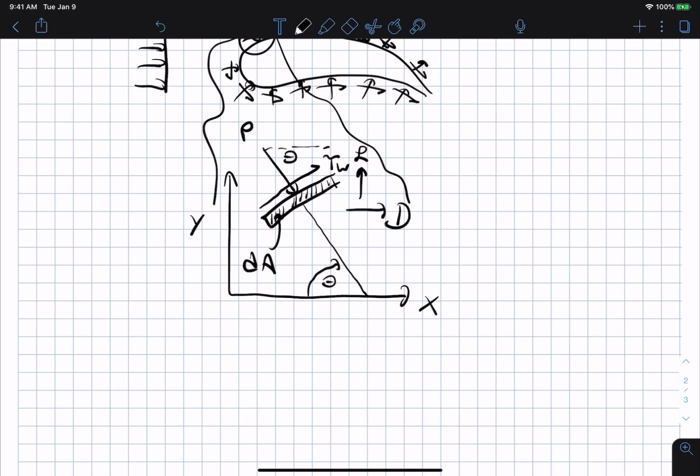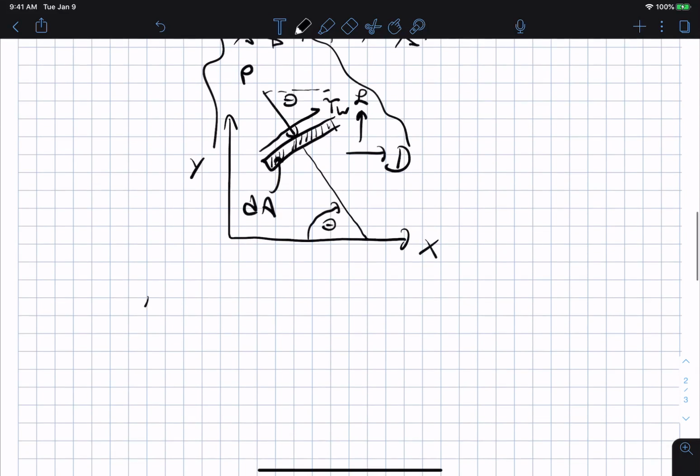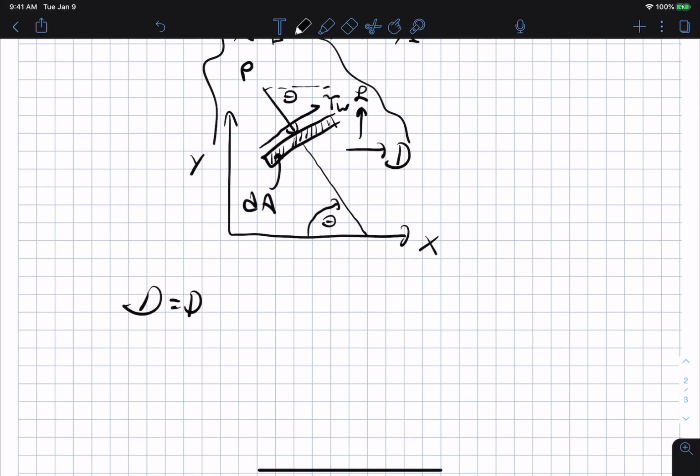And the lift force is trying to pick up on that small panel. And so the drag equals the integral over the surface of the object of dFx. So basically, on each panel, from the pressure and the viscous shear stress, we need to find the x component of those forces.